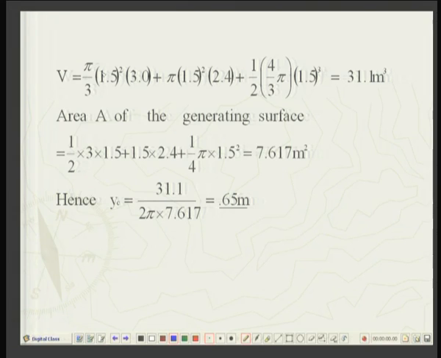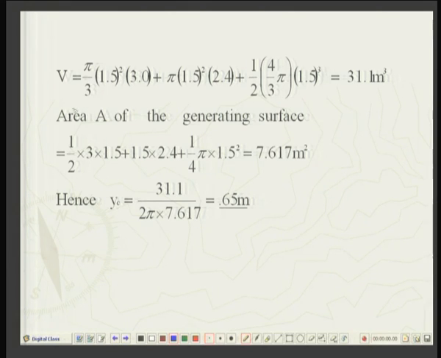And finally for the hemisphere, because it is half of the spherical body, 1/2 into 4/3 into pi into the radius cubed. So after calculation this gives me 31.1 cubic meters.